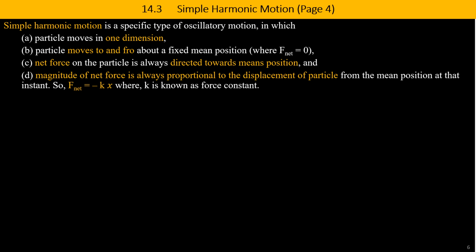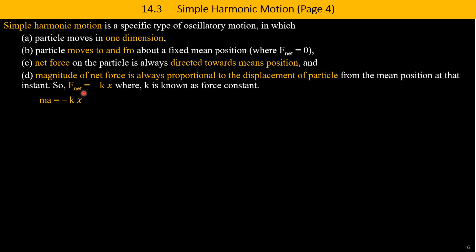That is, F net is proportional to x. So removing the proportionality constant, we can write F net is equal to minus k into x, because the direction of the force is always directed towards the mean position.